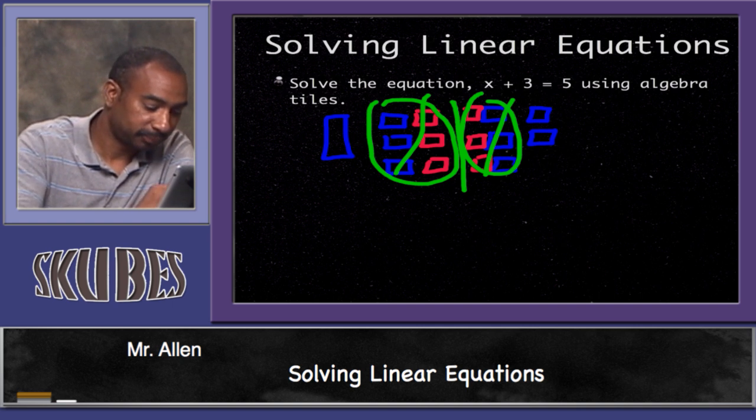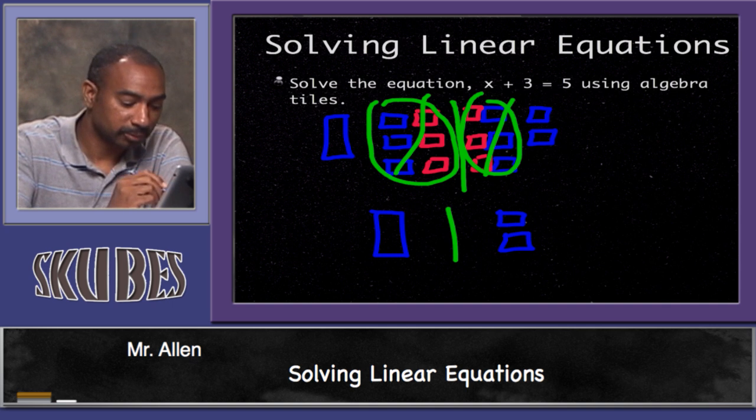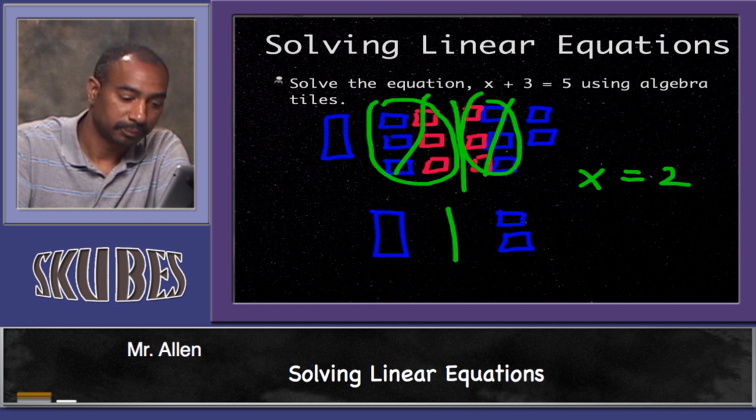And what I have left is just 1x, and I have 2 ones over here. So that says that 1x is equal to 2. So this tells me that x has to equal 2.